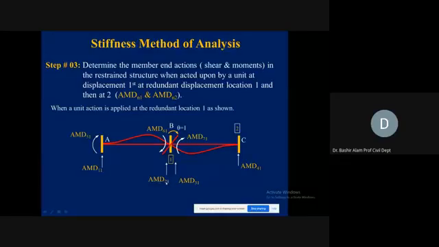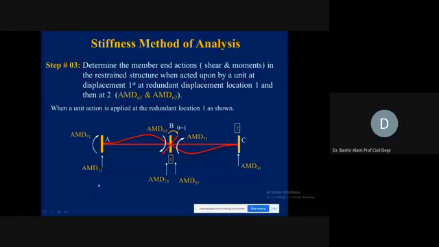This 2 comes from AM2, and this 1 comes from the location where we apply the unit displacement corresponding to the redundant displacement. Similarly AMD31, 41, and so on.